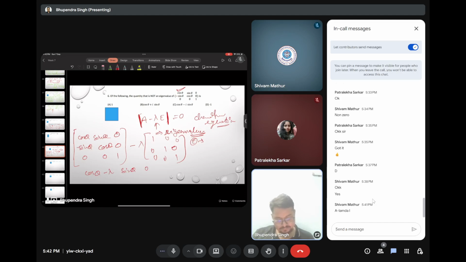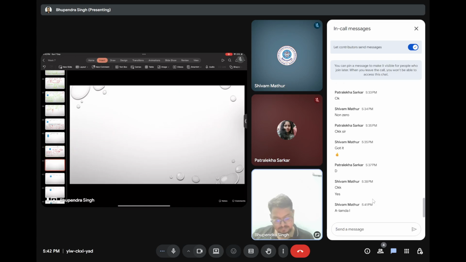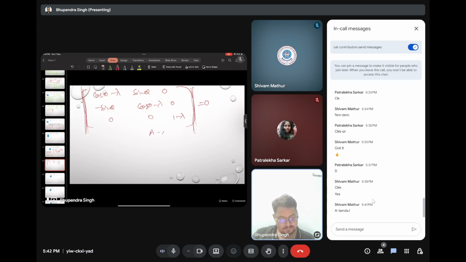In the next page: cos theta minus lambda, sin theta, 0; minus sin theta, cos theta minus lambda, 0; 0, 0, 1 minus lambda, is equal to 0, and the determinant of A minus lambda E is equal to 0. Now you have to solve this to find the eigenvalue.